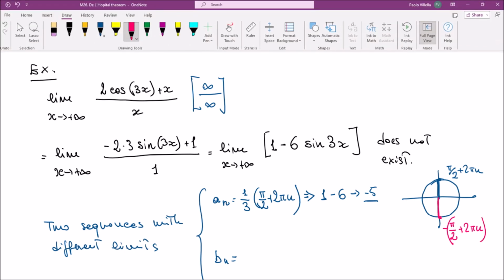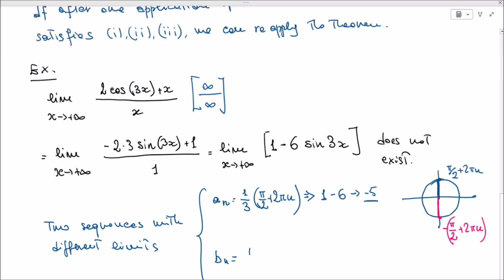So what we get is that bn is again 1 over 3, but with the minus in front, and we put pi over 2 plus 2 pi n. Well, in this case the limit becomes 1 plus 6, which goes to 7. So this proves that because minus 5 is different from 7, clearly this limit does not exist.